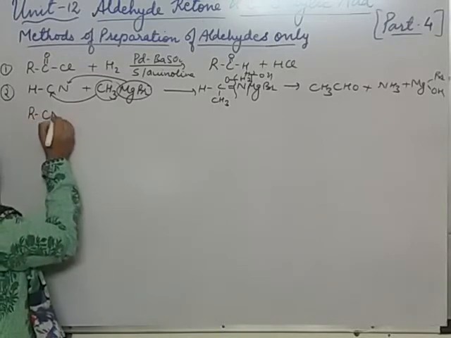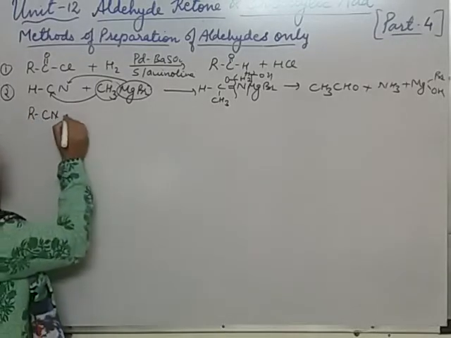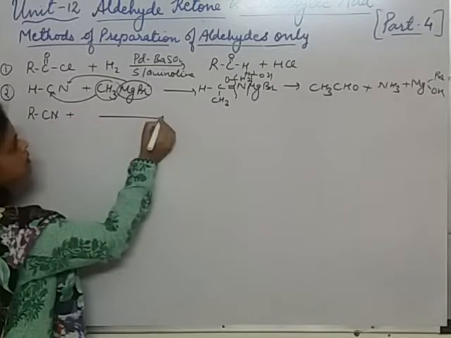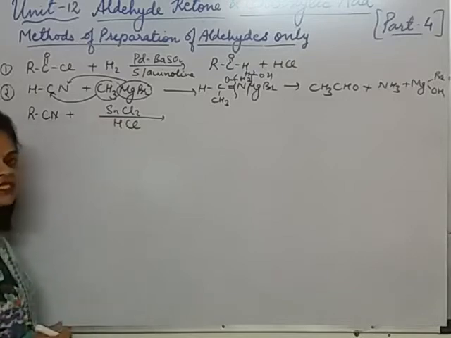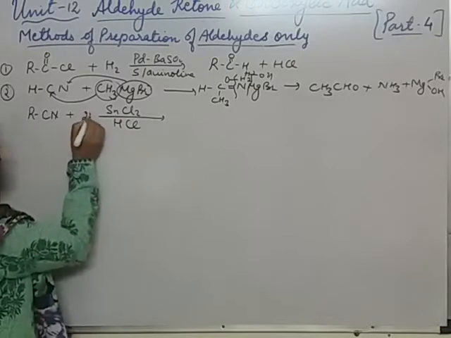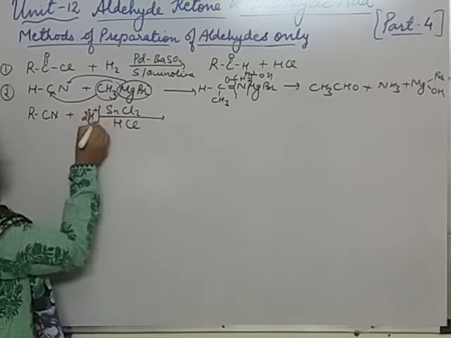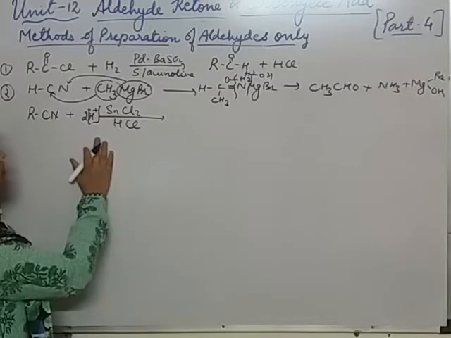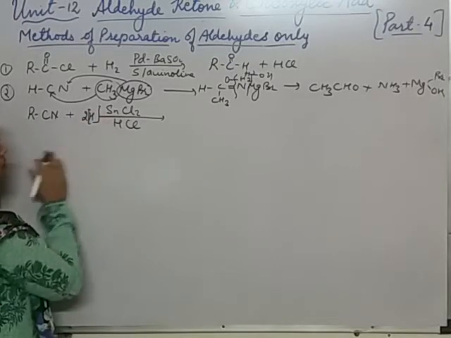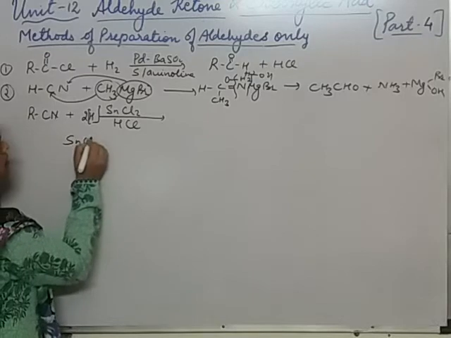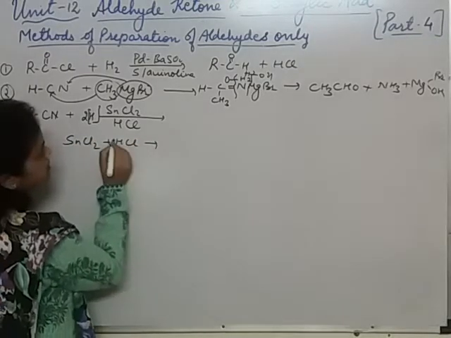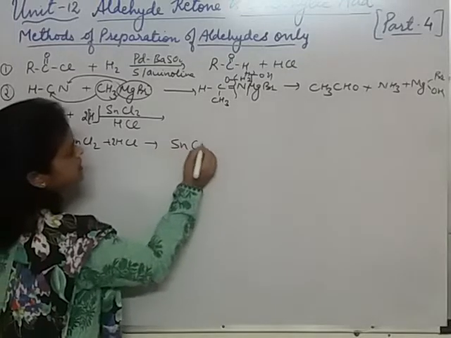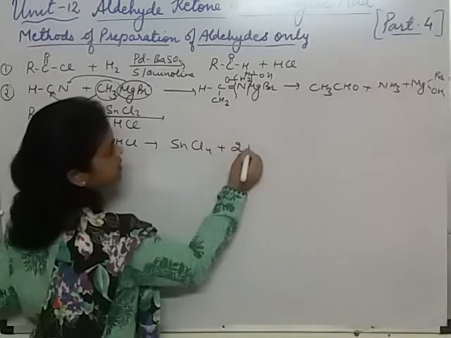Second method, how we are converting this cyanide into aldehyde. Suppose I am taking RCN which combines with SnCl2 and HCl. This is the Stephen reaction. Students, let's see how the reaction takes place. SnCl2 when it combines with HCl forms SnCl4 plus 2H.